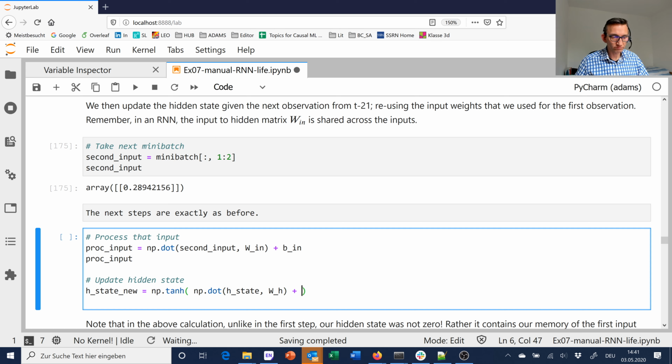Or well, maybe we could also write that down in one equation, obviously, but now I have it calculated above. So let me run that bit. To that, we need to add our bias. And that should be it. That should be the calculation of the second time step. Just that we need to do the updating as before.